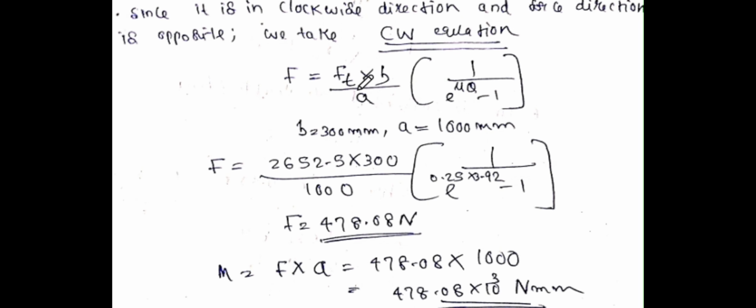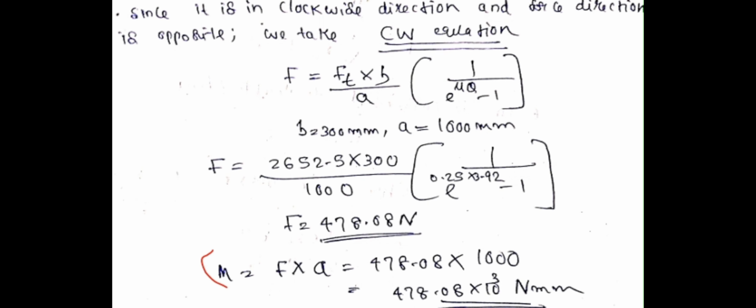Based on the equation we need the moment, M. Moment is force into the total distance, but how do you take the force? Here one thing you have to notice is that I already mentioned the direction is clockwise. If they had not mentioned the direction, then we would need to find both the clockwise and anti-clockwise conditions.